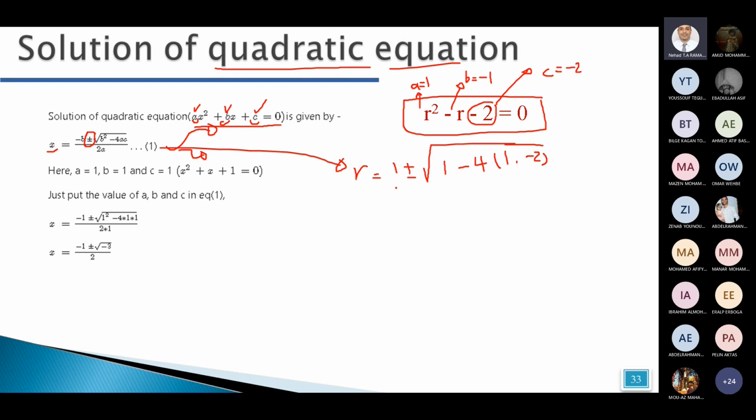All this divided by 2A. A is 1, so it's divided by 2.